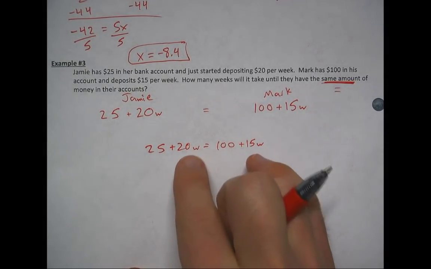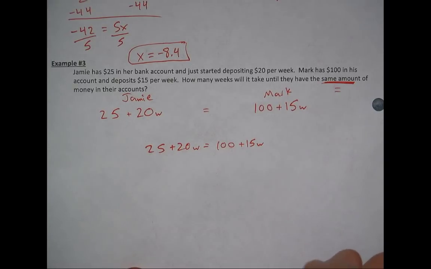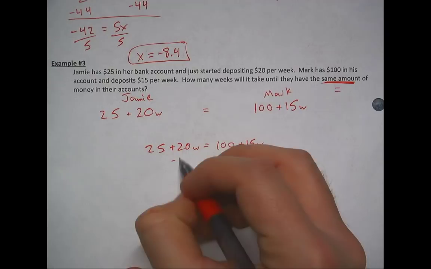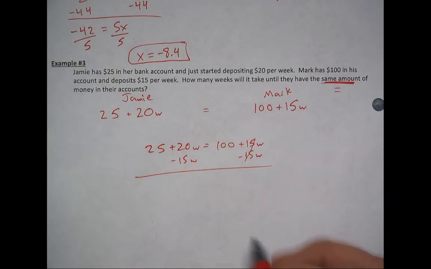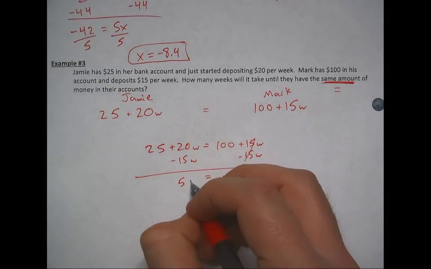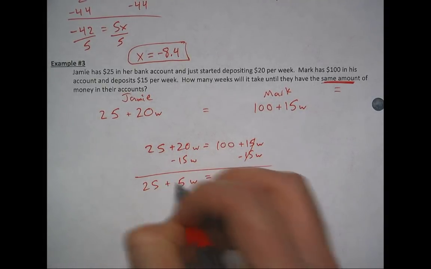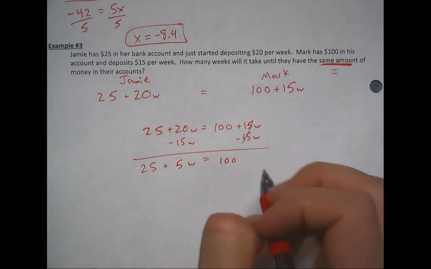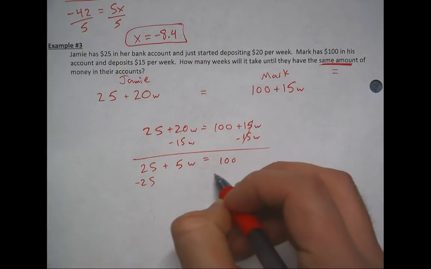So now I've got a variable on both sides. The smaller of the two is the 15, so I'm going to start there and clear it out. So that leaves me 100. 20 minus 15 is 5W, and I still have the 25. And now it's a basic two-step equation. Get that W by itself. So I'm going to minus 25.